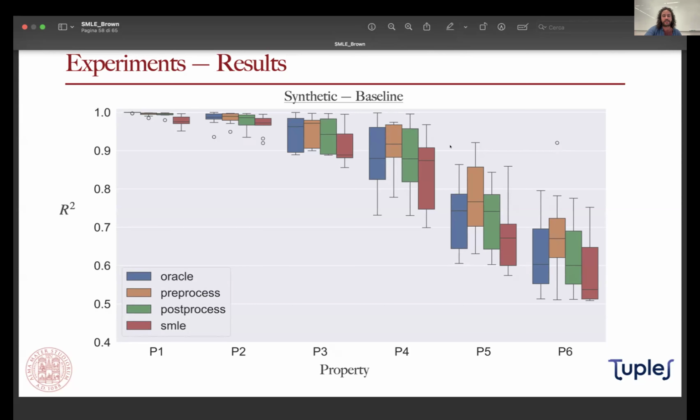So SMLE doesn't require a projection process at inference time, like post-process, the green one. And this is because SMLE is directly aware of the property to satisfy, okay? So SMLE is property aware. SMLE is verified by design, indeed, okay?